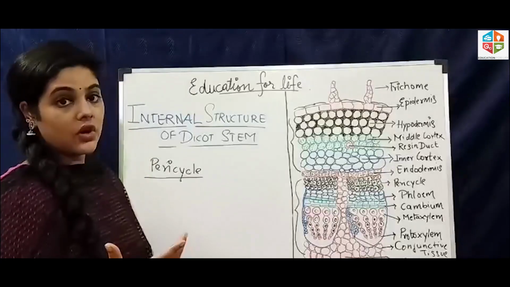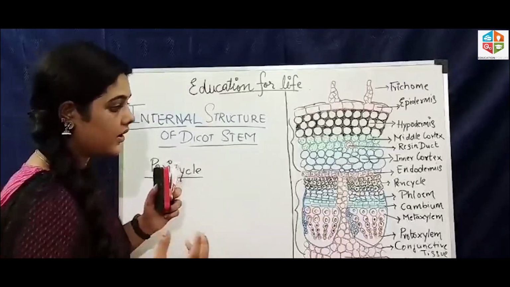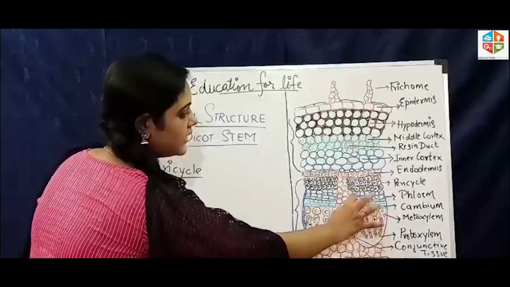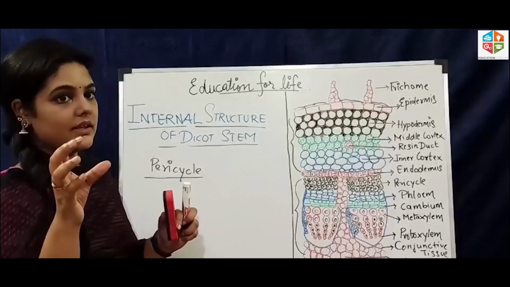It is also called bundle caps, because these sclerenchyma cells sit on top of the vascular bundle in the form of a cap. So the sclerenchyma cell patches are also called bundle cap.